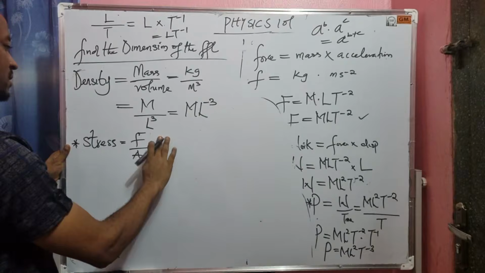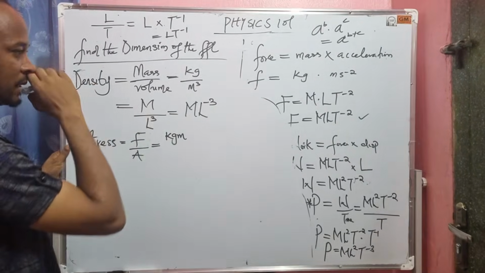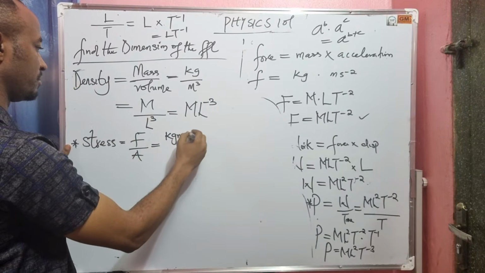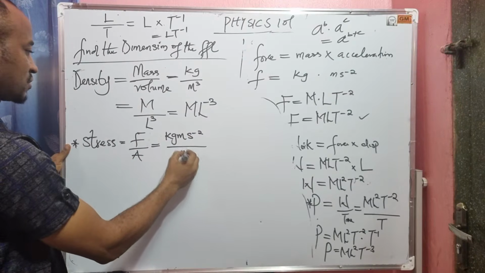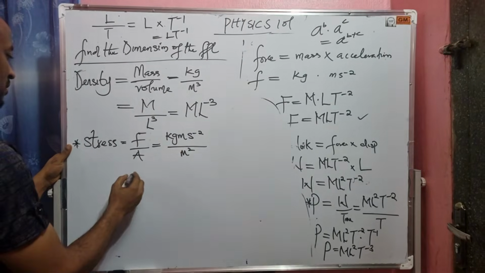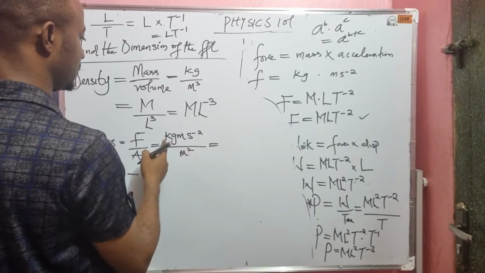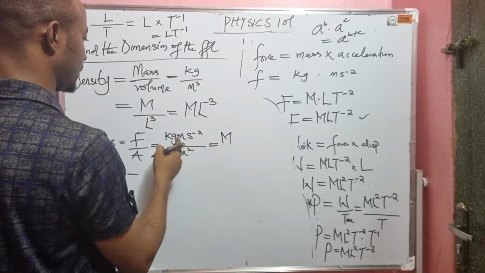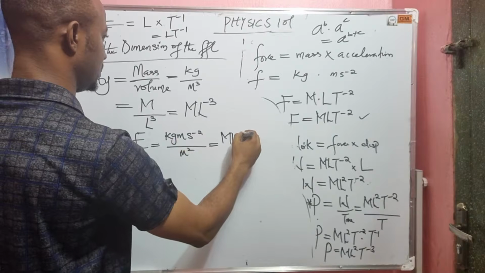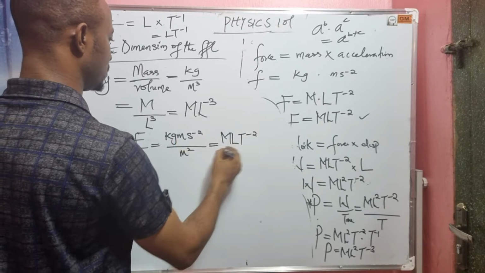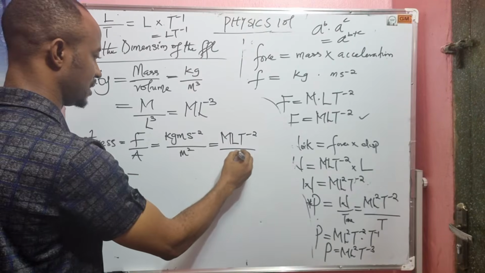The unit of force we know is kilogram meter per second squared, right? The unit of area is meter squared. So stress of the material becomes: our dimension for kilogram is capital letter M, meter is capital letter L, then we have T to the power of minus 2, divided by the dimension for meter squared, which is L squared.